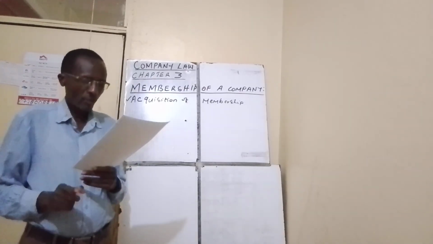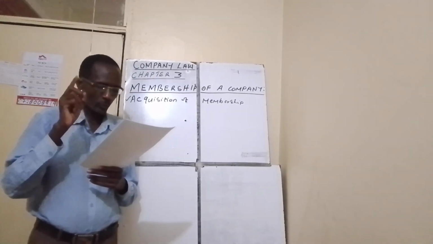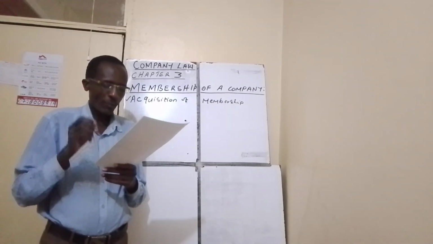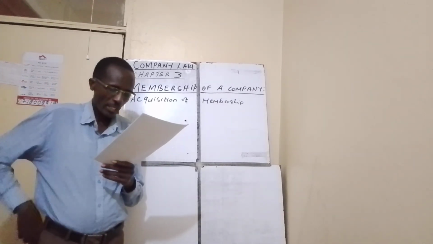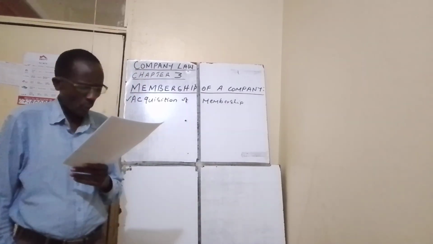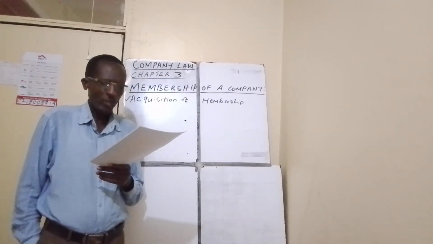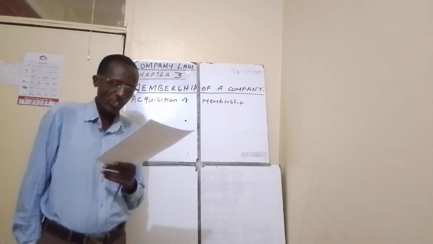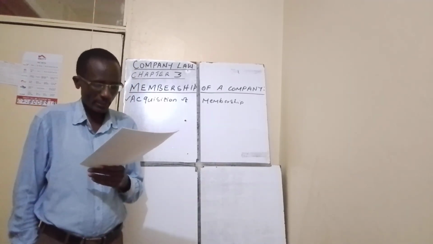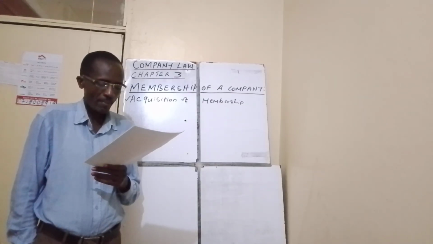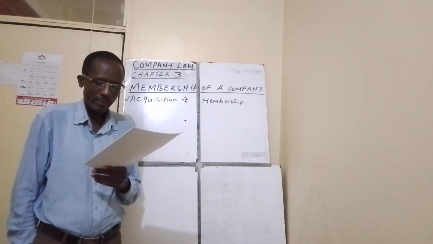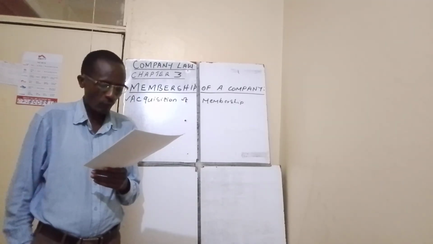So transfer from an existing member, you say a transfer is the purchase of shares from the company's shareholder and not from the company itself. When the shares are transferred to the transferee by the transferor and approved by the company, the transferee becomes a member and his name is entered in the register of members.